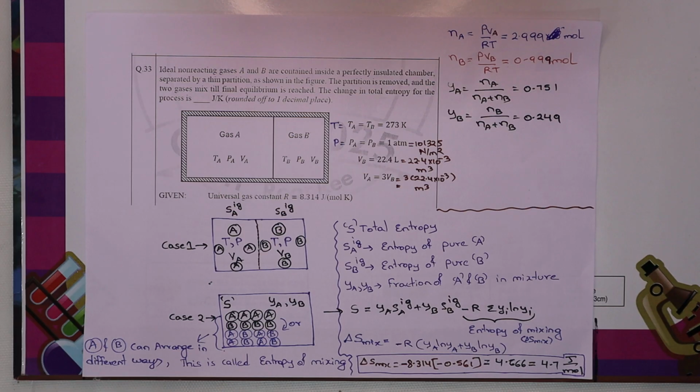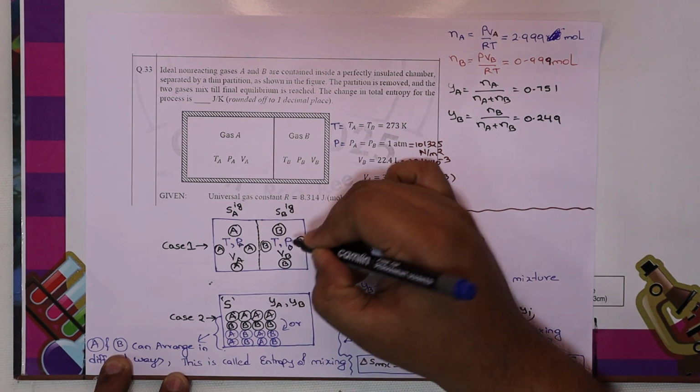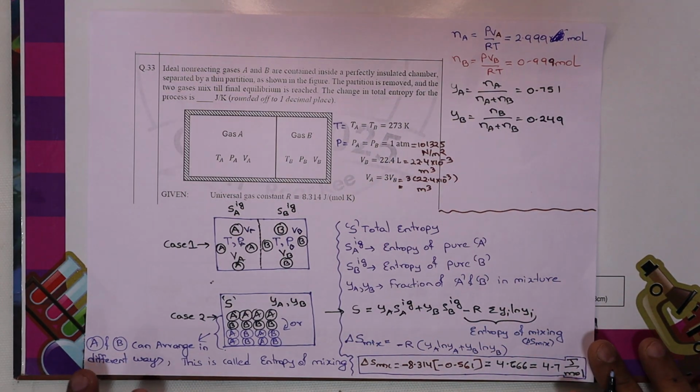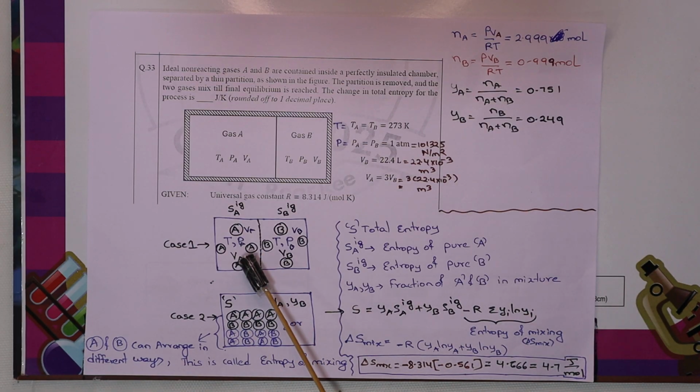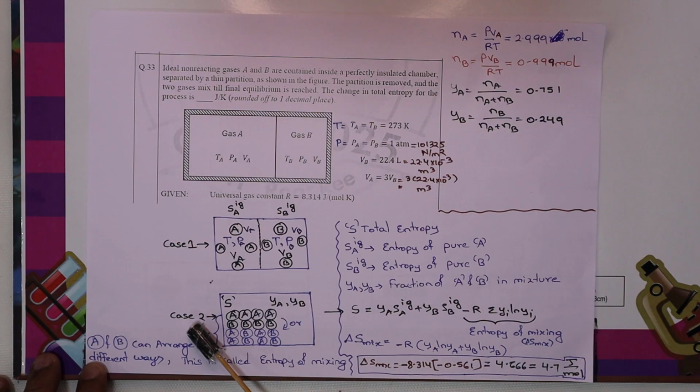A molecules and B molecules are at separate pressures. The volume is also different. So, in case 2, the moment you remove this partition, both gases mix with each other.